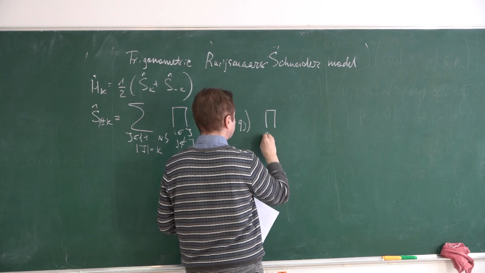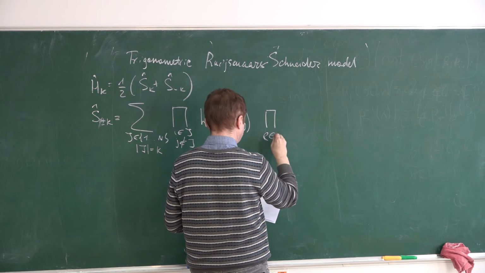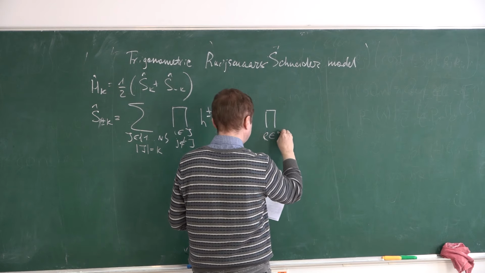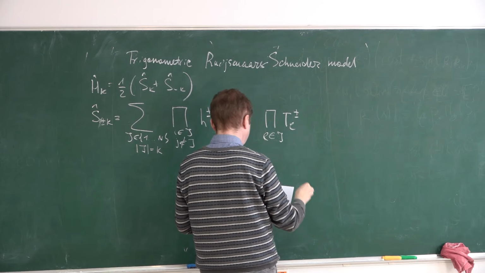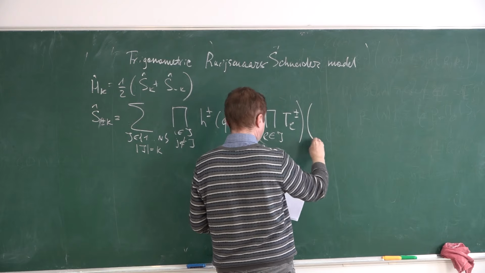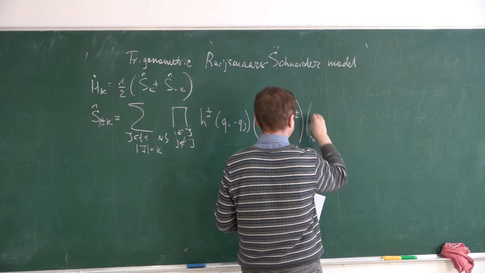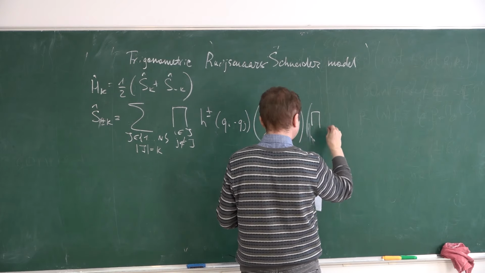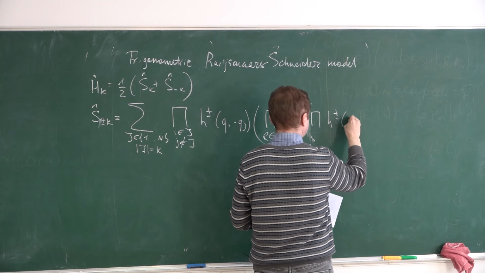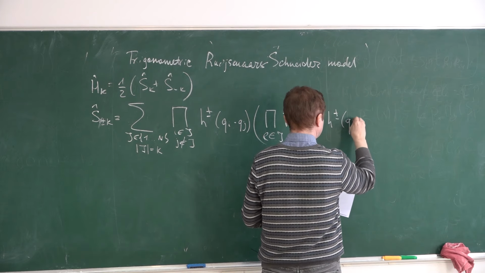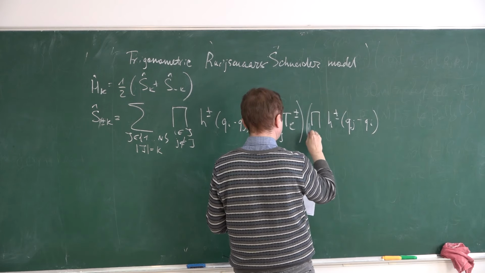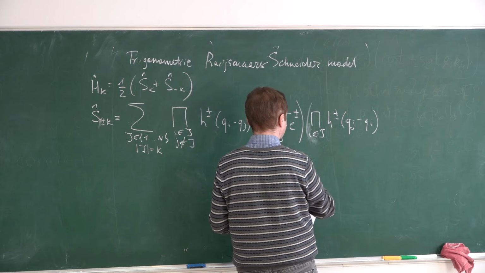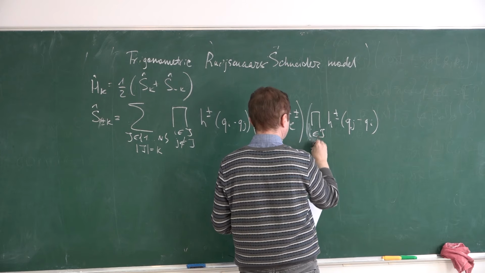Then a product of shift operators. And finally, again, a product of these functions h of q_j minus q_i, and again, i belongs to the subset and j does not belong to the subset.